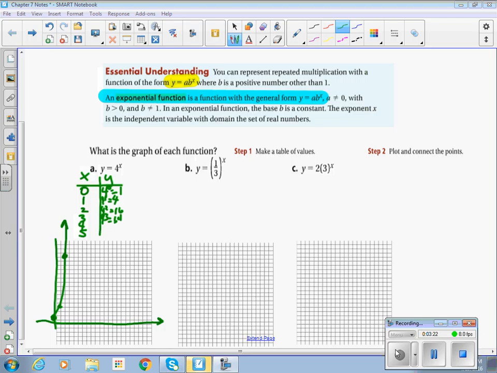All right, let's do the same thing for the next guy. 1/3 to the x, so I'm going to plug in 0, 1, 2, 3, and 4. Anything to the 0 power is 1.